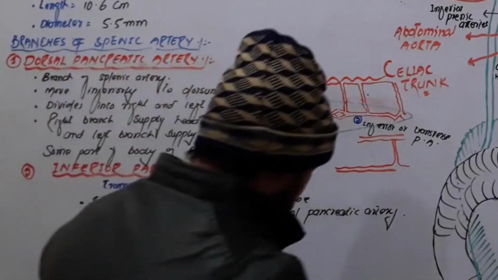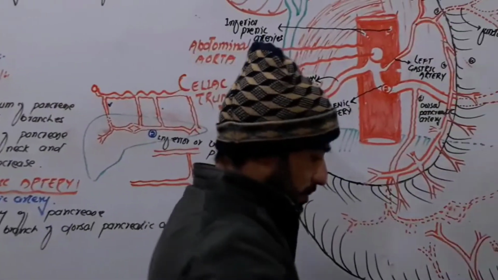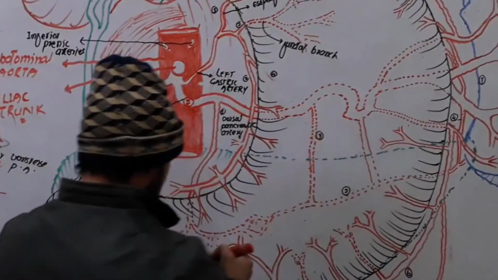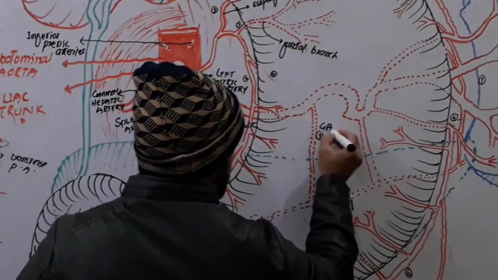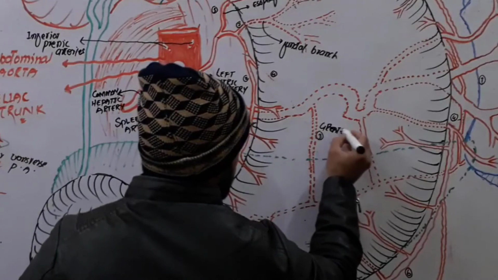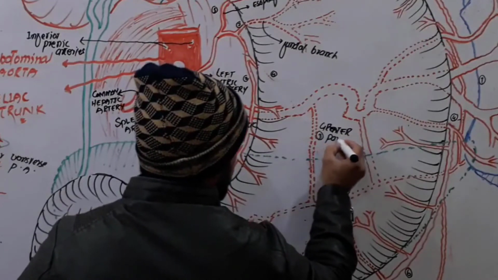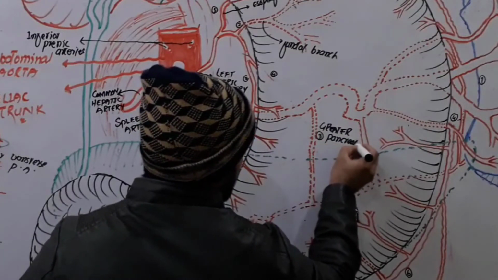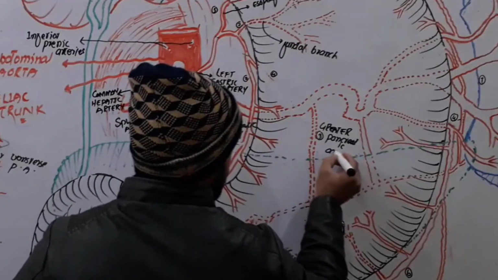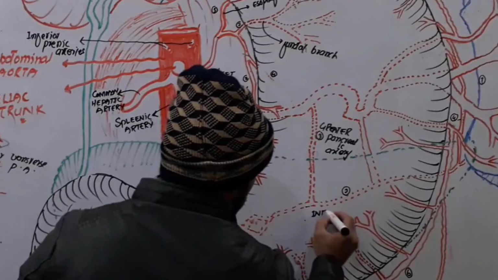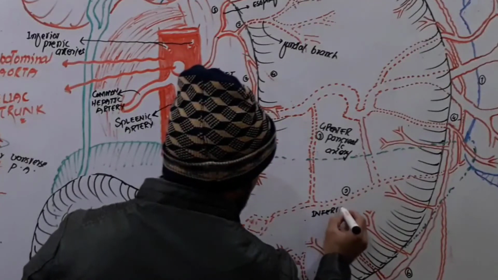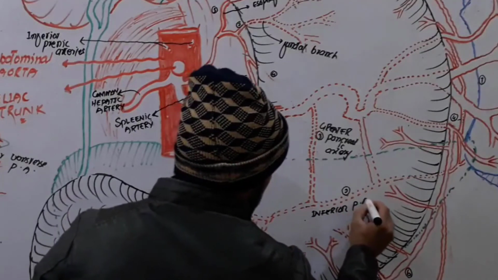Now let's move towards the third branch from the splenic artery. This is our third branch. This is called the greater pancreatic artery. This was the second branch, which was called the inferior pancreatic artery.